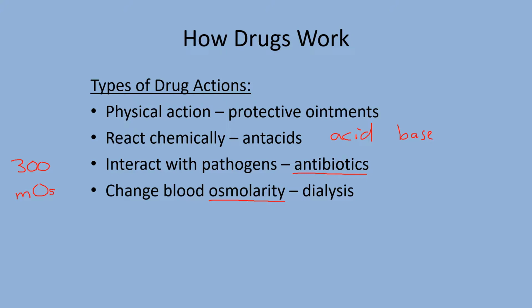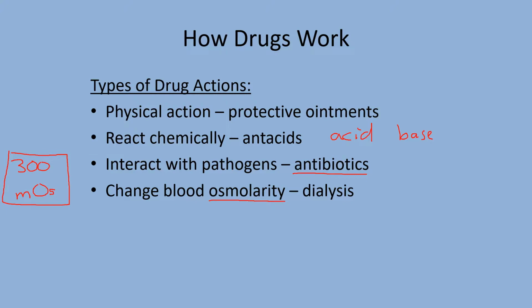For human blood, there is 300 milliosmoles of pressure. So blood is not zero; there's stuff in it. When you mix something into your blood, it has to have about the same amount of stuff. If it has too little or too much, it can damage the blood cells. It's based on concentration.